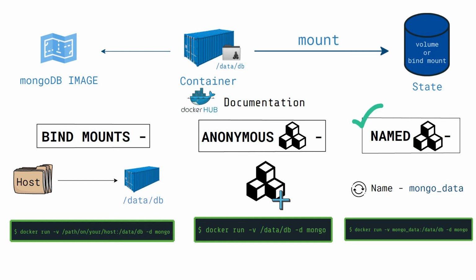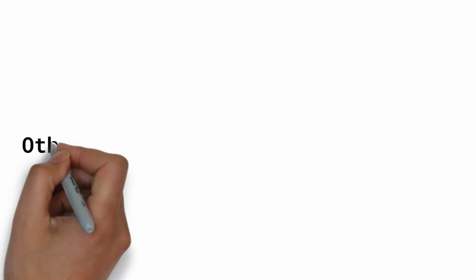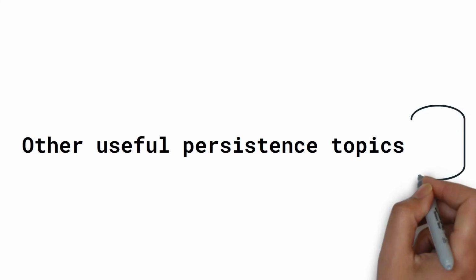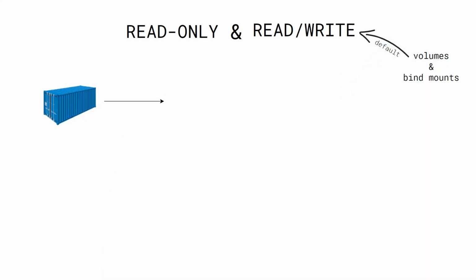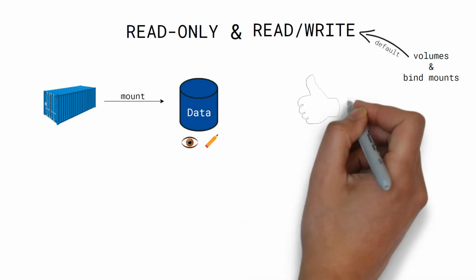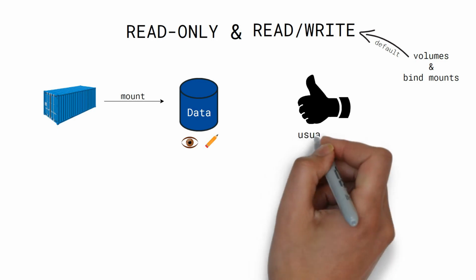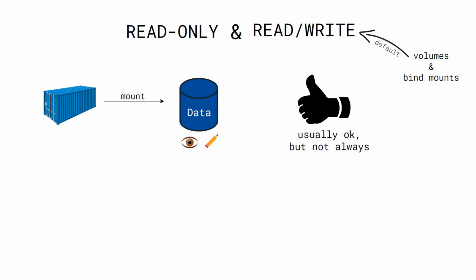While we're at it, let's look at two other useful persistence topics: read-only and read-write mounts. Both volumes and bind mounts are read-write by default, meaning containers can both read and modify the data that is mounted from the host. This is usually alright, but sometimes this might not be desired.